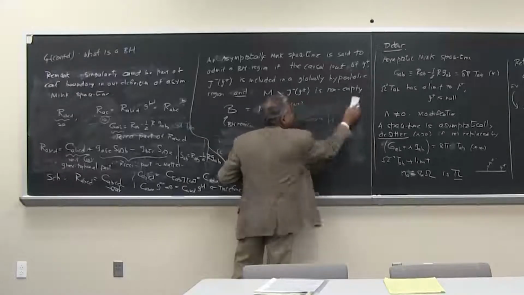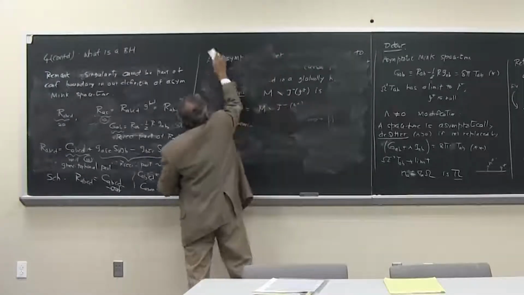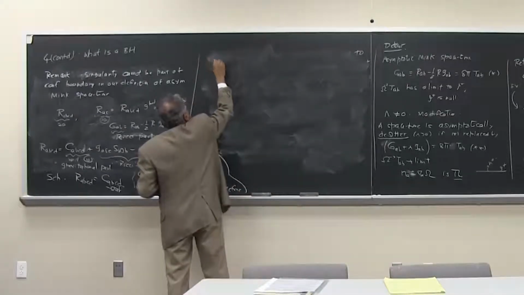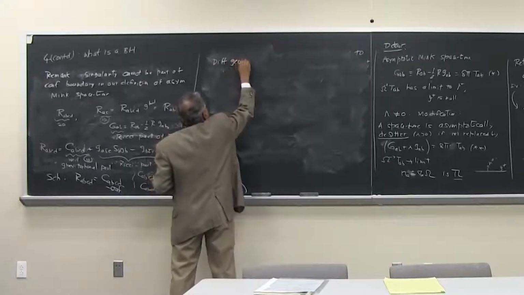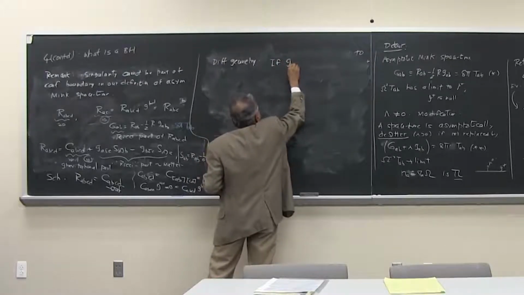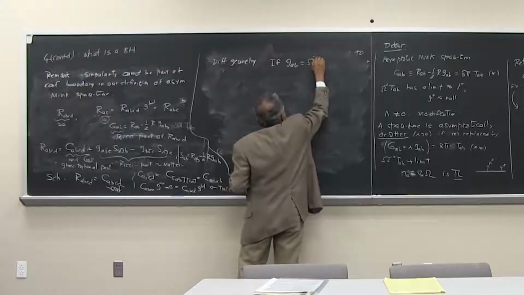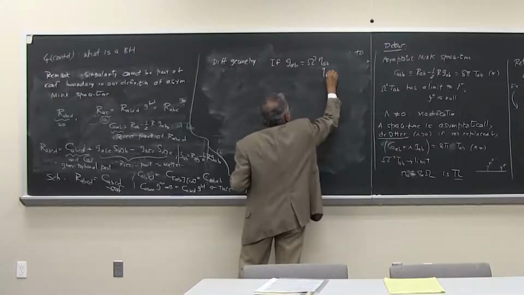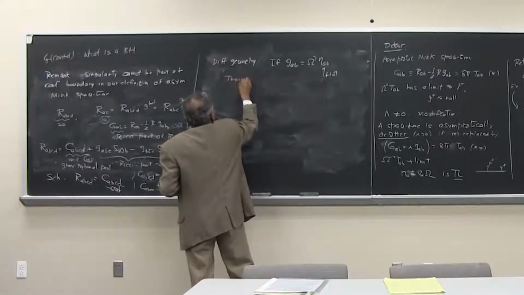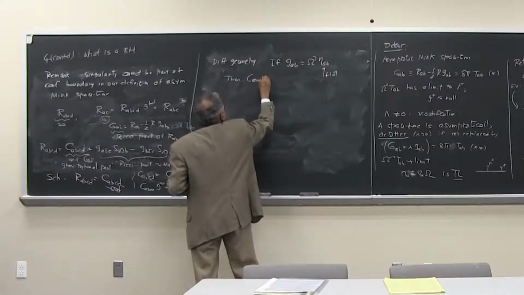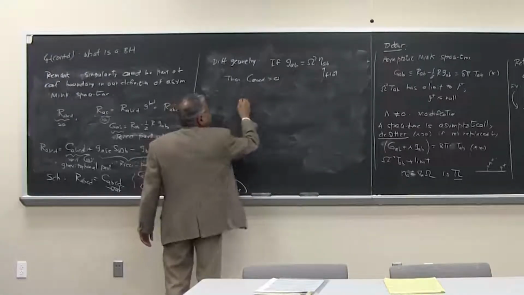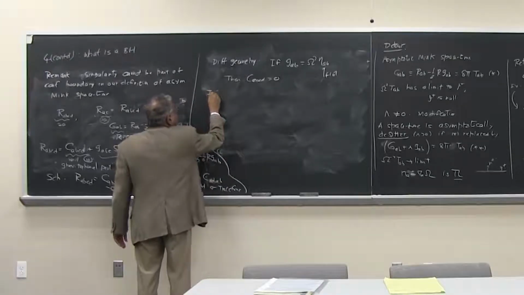Completely generally, independent of Einstein's equation, just from differential geometry, it follows that if the metric g_AB is conformally related to a flat metric, then C_ABCD is equal to 0.